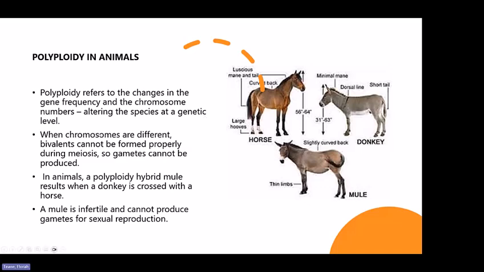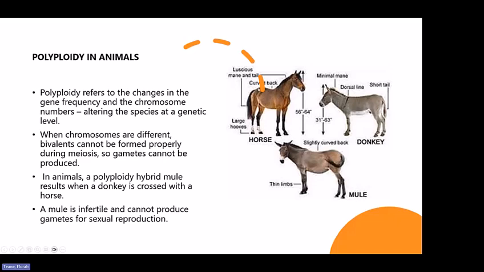During polyploidy, chromosomes are different, bivalents cannot be formed properly during meiosis, so gametes cannot be produced. In animals, a polyploid hybrid, the mule, results when a donkey is crossed with a horse.